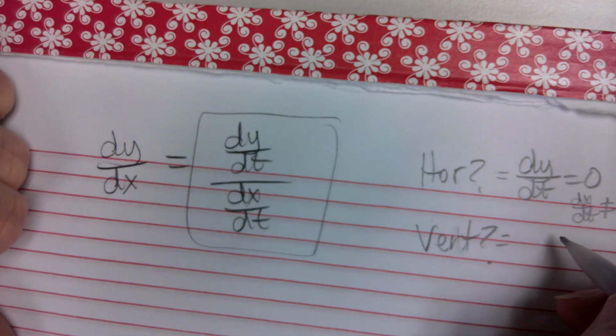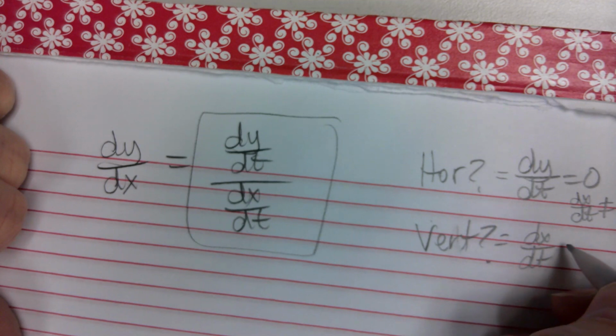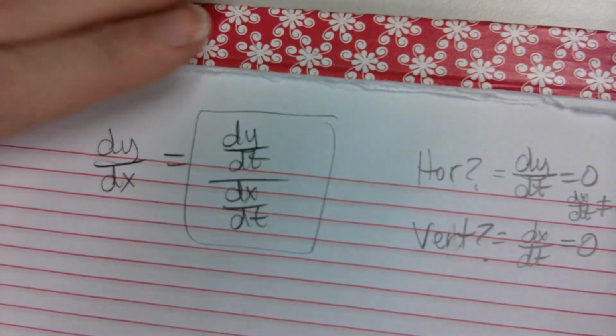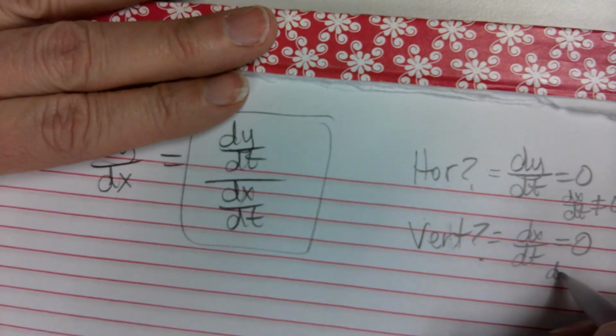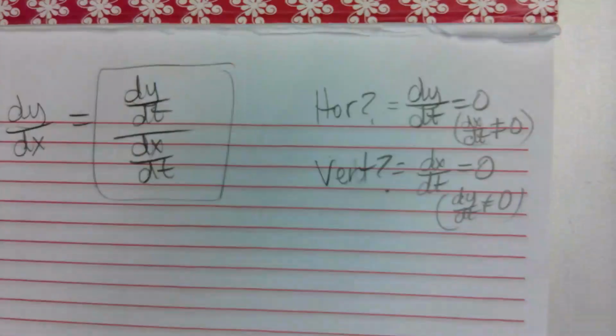When the bottom is 0. The bottom of a fraction being 0 makes the fraction undefined, and a vertical tangent has an undefined slope. We'll add in while dy/dt is not 0.